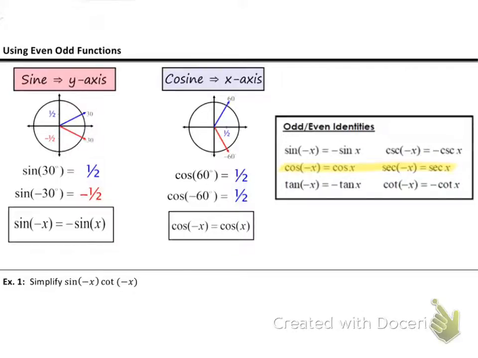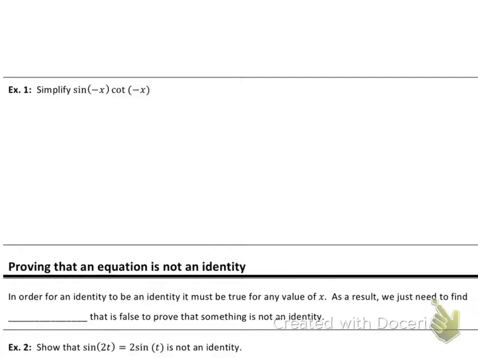How this might look in a problem is if I have sine of negative x times cotangent of negative x, and I'm told to simplify it. The first thing I'm going to do is look at those negatives on the inside. I can rewrite sine of negative x as negative sine of x, just like I can rewrite cotangent of negative x as negative cotangent of x.